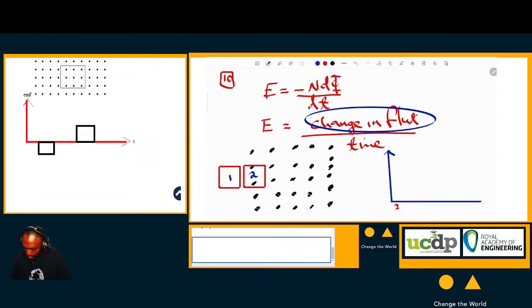From position 1 to position 2, the flux at 1 was actually 0. Then at 2, as that coil begins to move into the magnetic field, the flux increases. Then according to Lenz's law, that is why we have got a negative EMF induced. Okay? Then at position 3, we now have this coil completely inside.